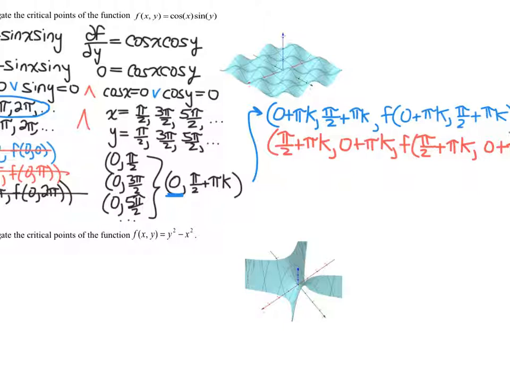I mean, in this case, because it's cosine and sine, it repeats itself. Right. But once you've come up with your array of critical values, you know that the max or min has to come from that set. Right, but there's the periodic nature of it. When you're dealing with something like this, you're not going to have too many possibilities.